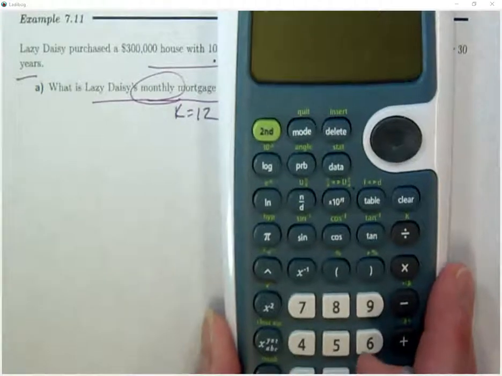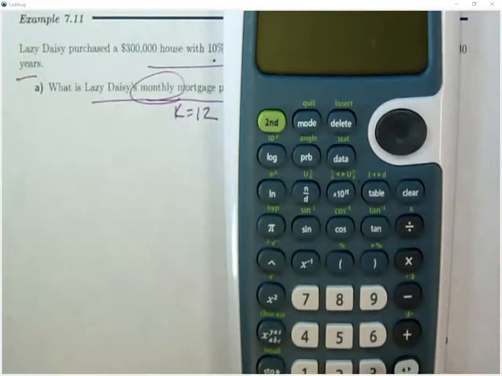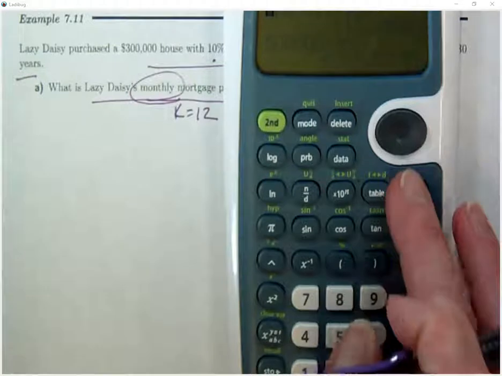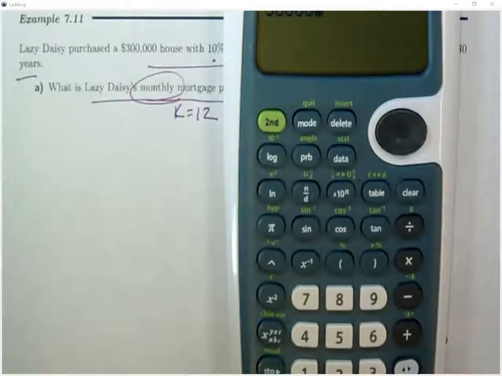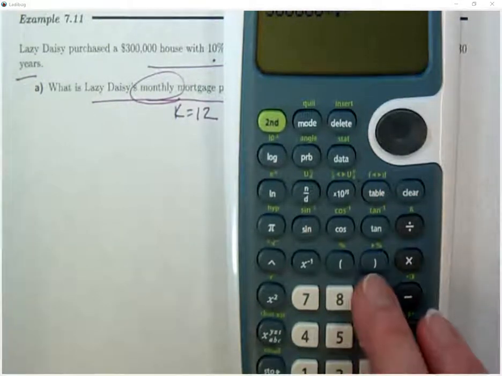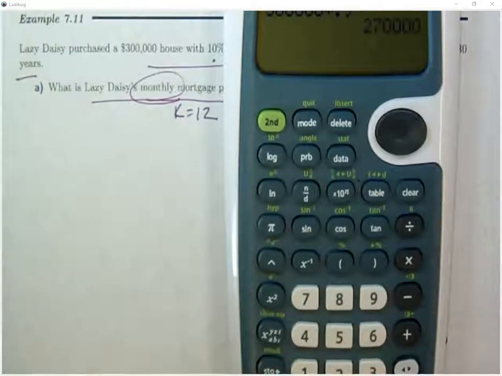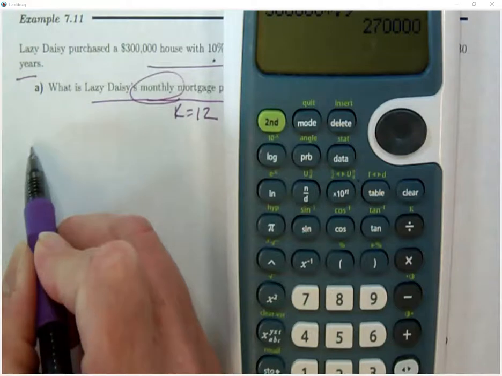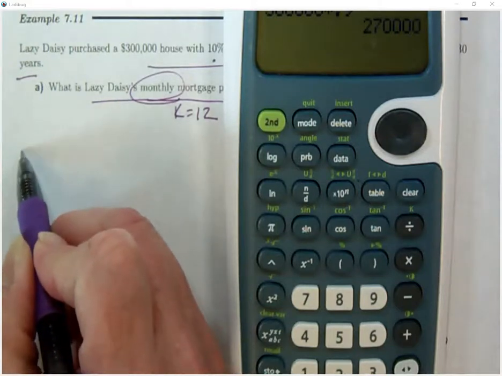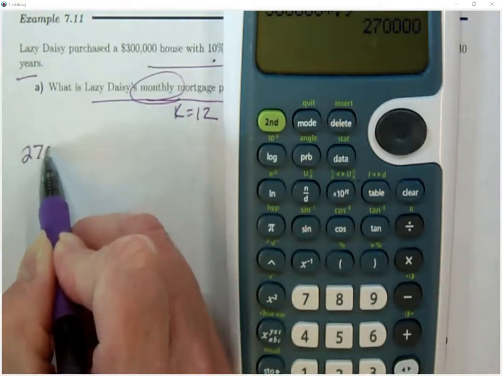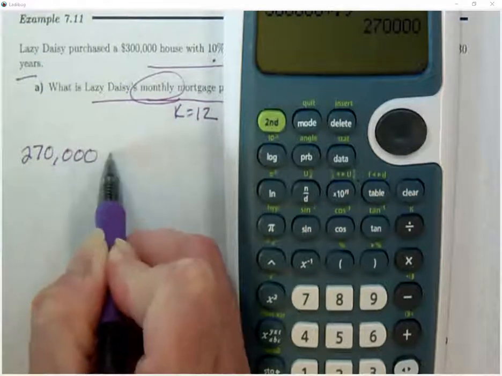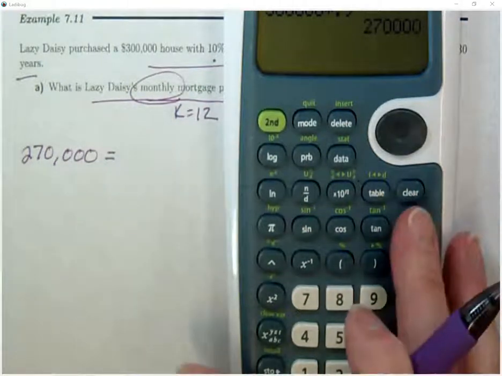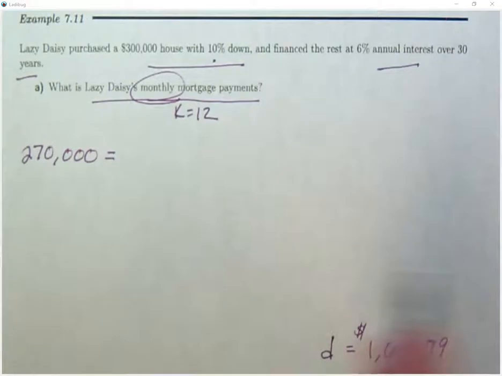So the easiest way to do this would be to take your 300,000 times 0.9. That's 90% of the loan, so that P sub 0 is going to be 270,000. So go ahead and fill that in and see if you can fill in the rest of it.